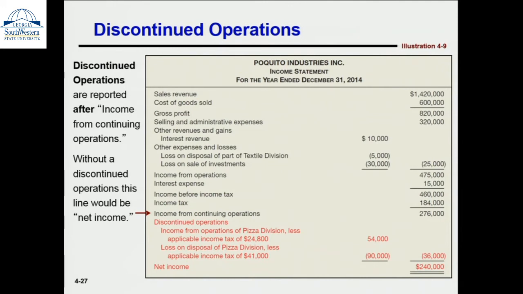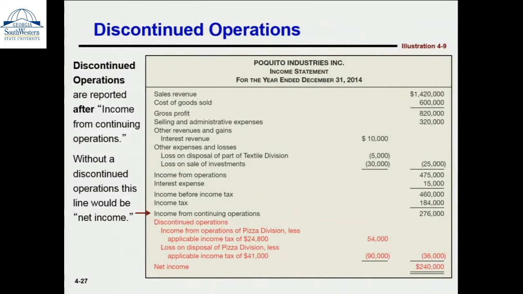So, good point. In this situation, how much tax are we paying Uncle Sam? We have tax up here of $184,000. This is tax from continuing operations of $184,000. But we also have a tax benefit right here of $24,800.